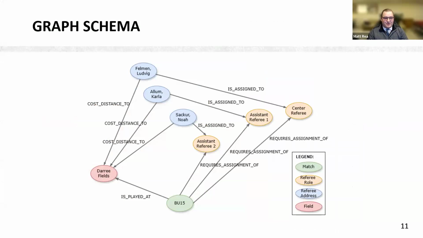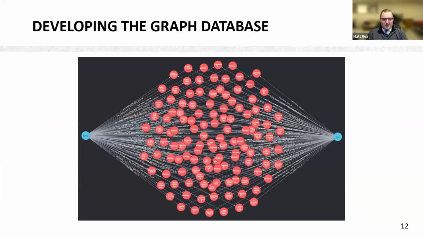If there's a match being played at a specific field, there are referees that have a cost distance to that field, and they will be assigned to the various referee roles required for that match. So when I did the calculation, I was able to develop some algorithms and code functions that populated my graph with the various referees and the fields, and stored the distance and time as properties in my graph. And I could use that distance and time when it came time for me to actually assign a match.